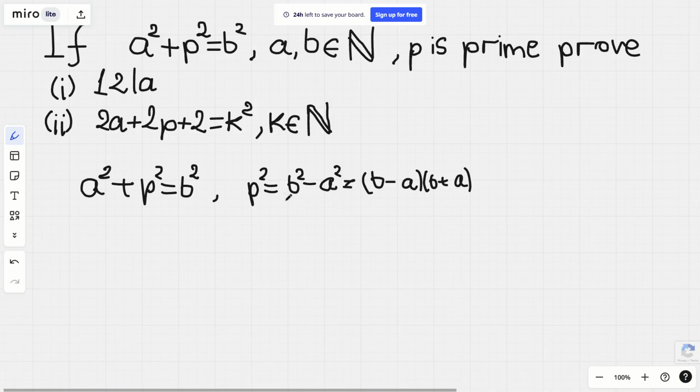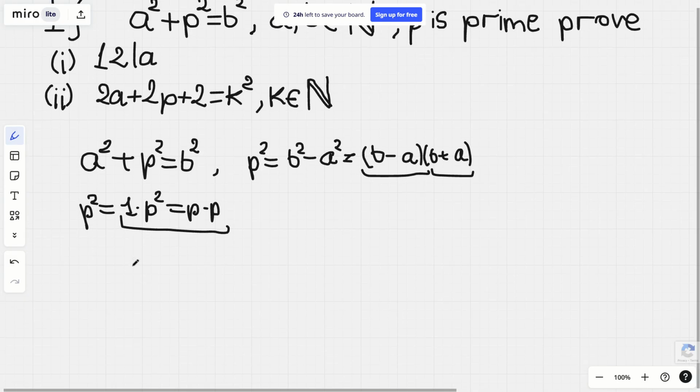We just use the formula of the difference of squares, and so p squared equals this number times this number. We know that p squared can be written as 1 times p squared or p times p. Because p is a prime number, the only divisors it has are p and 1, and so p squared has only those divisors.